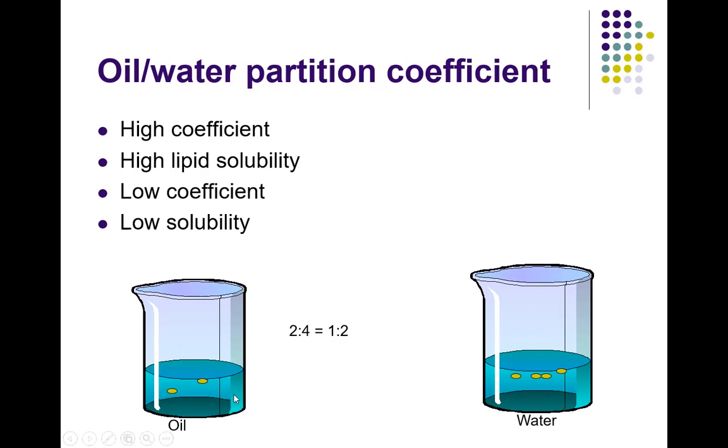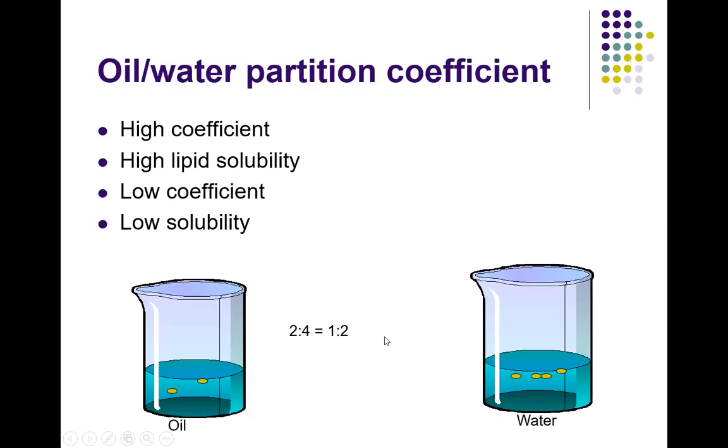Here in the pictures, we counted two little molecules in the oil, and in the water we had four. So it was 2 to 4, or 1 to 2. This tells us we have twice as many dissolved in the water as we do in the oil.